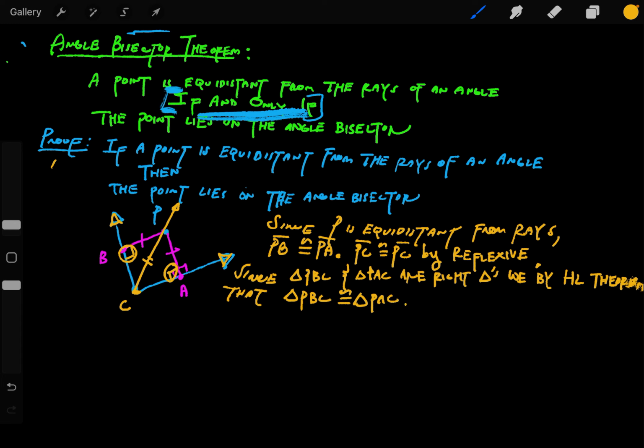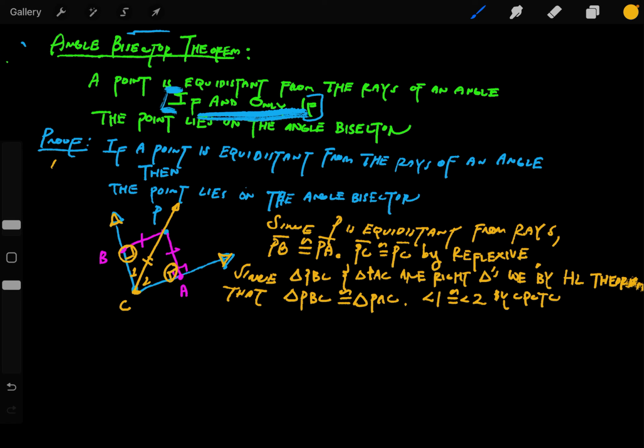And then that guarantees that all their corresponding parts are congruent. So if I call this angle 1 over here and this angle 2, I know angle 1 is going to be congruent to angle 2 by CPCTC.